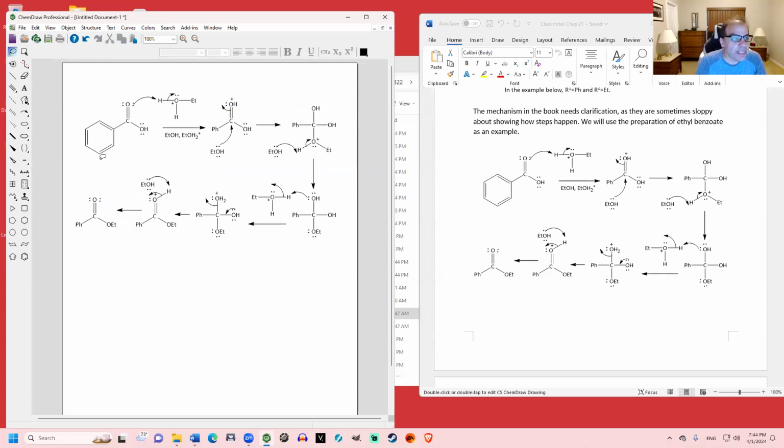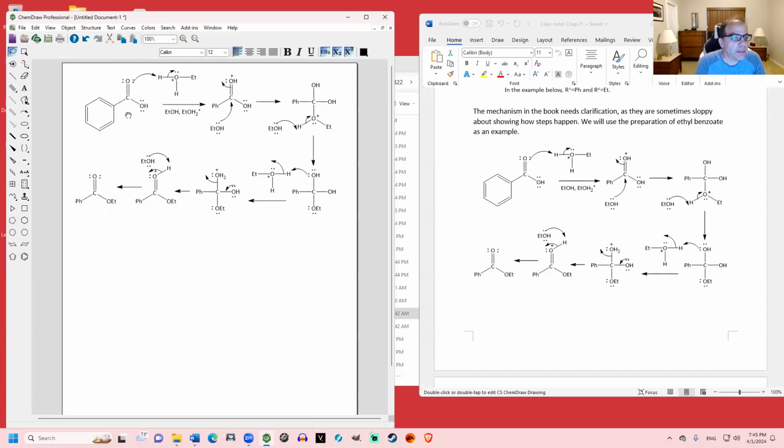And the idea is to make changes to the starting materials and write out the mechanism again. So instead of using benzoic acid, let's put a methoxy group in the para position, just because we feel like a methoxy group today.